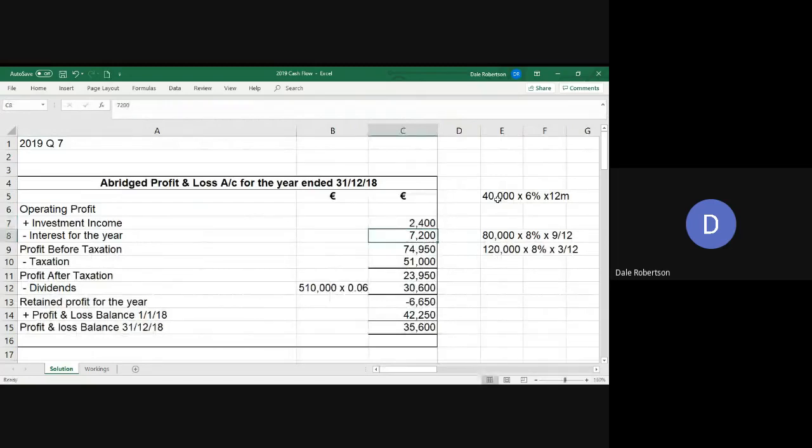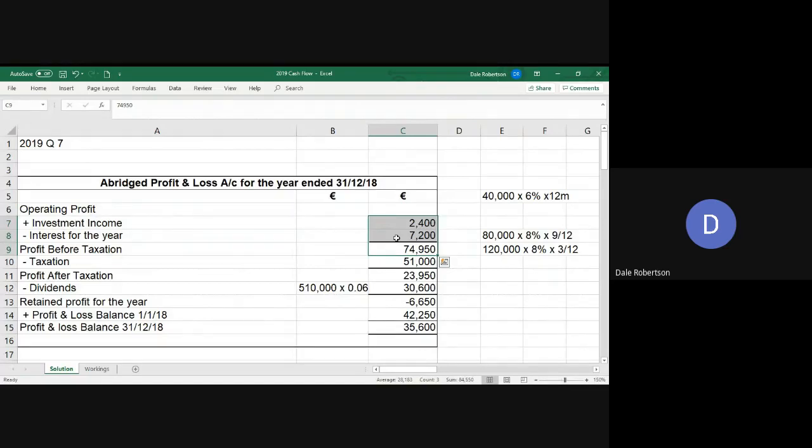Now, the important thing here is that you are going to subtract the interest for the year that you pay, and you add on investment income if you are working downward. But in order to ascertain the operating profit, we need to reverse this function. So we are actually going to take our 74,950 and we're going to add 7,200.